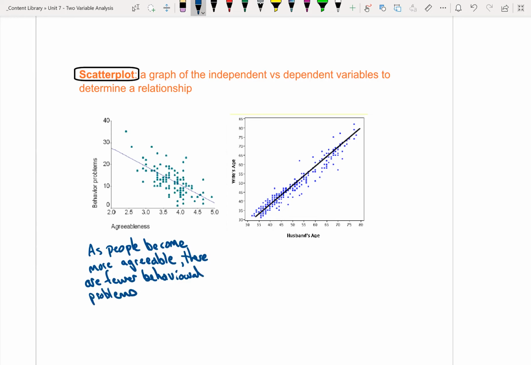This is because we can see that as the agreeableness increases on the x-axis, the behavioral problems decrease on the y. So we have this kind of negative slope.